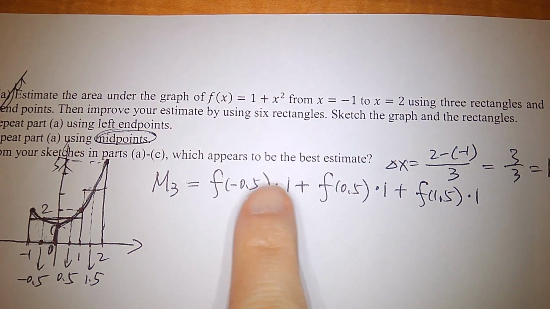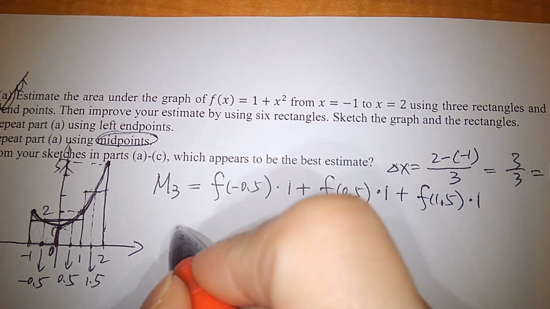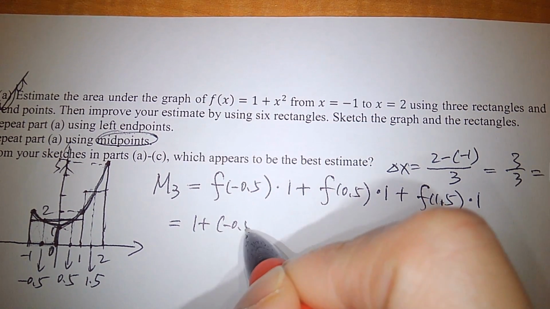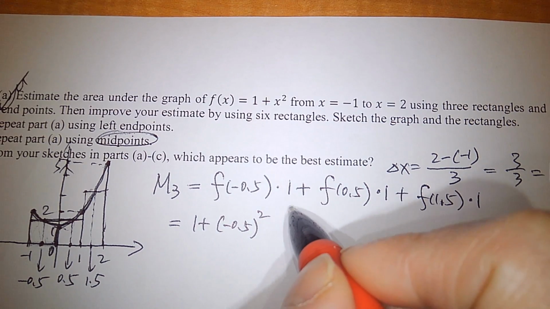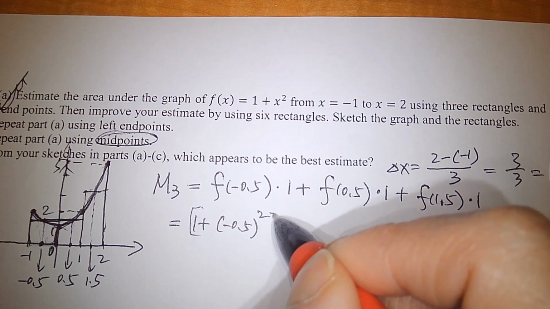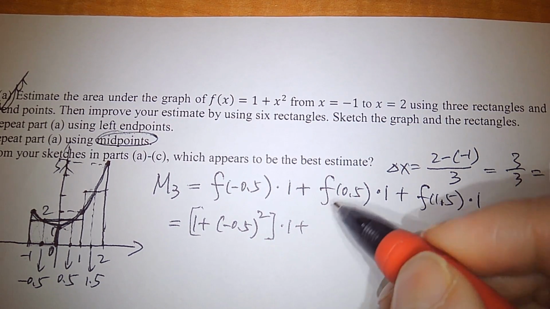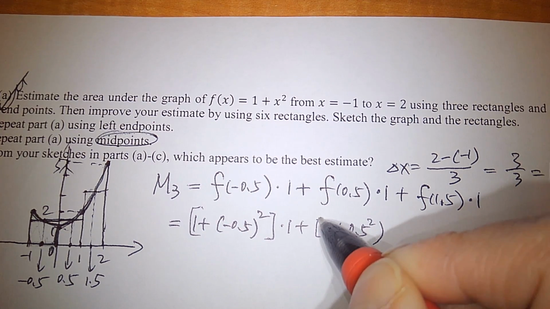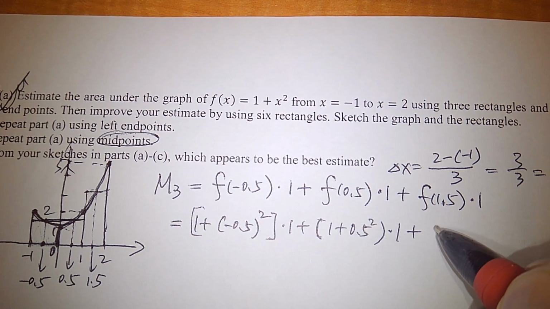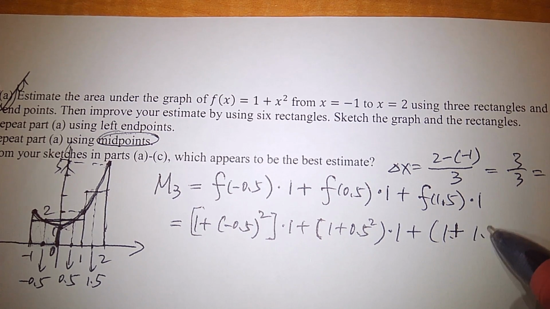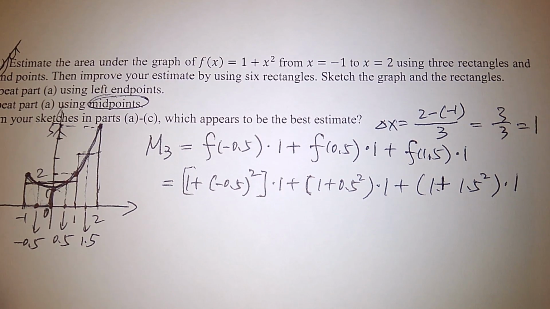And then, what else is f of the values? 1 plus -0.5 squared times 1, right? Plus 1 plus 0.5 squared times 1, plus 1 plus what? 1.5 squared times 1, right?